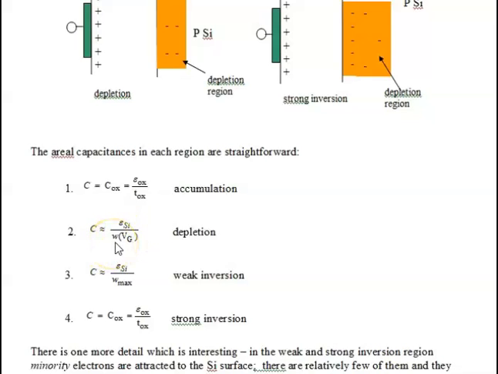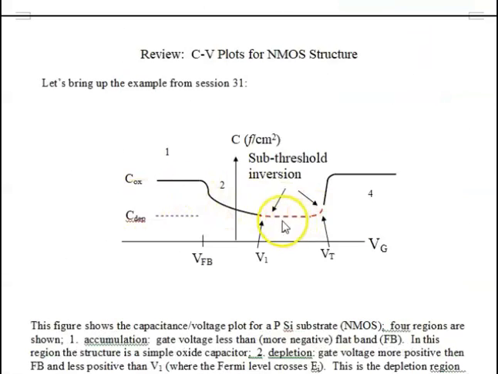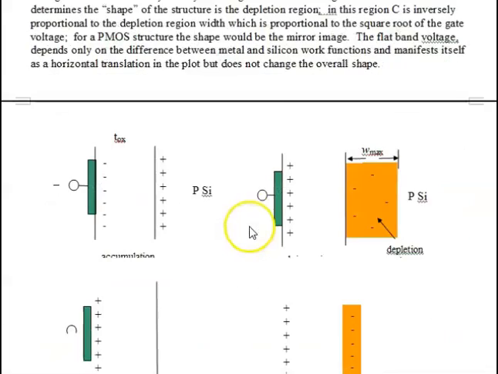The depletion width itself is not W times Vg, this is W as a function of Vg. So if Vg grows, W grows, and C goes down. And that's exactly what we're showing here. As W grows, C goes down.